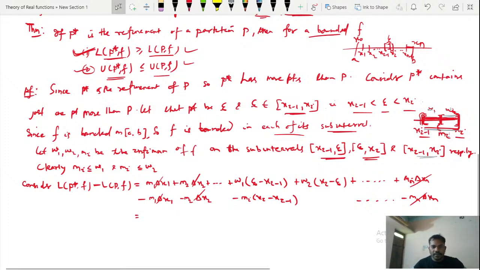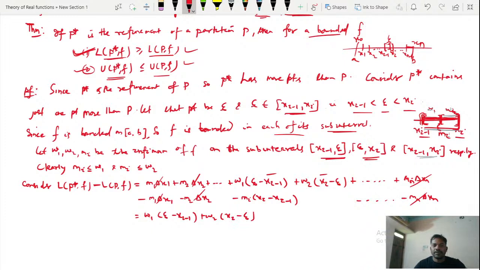So this is w1 whole into xi minus xi minus 1 plus w2 whole into xi minus xi, then minus mi whole into xi minus xi minus 1, and this can be written as xi minus xi plus xi minus xi minus 1.